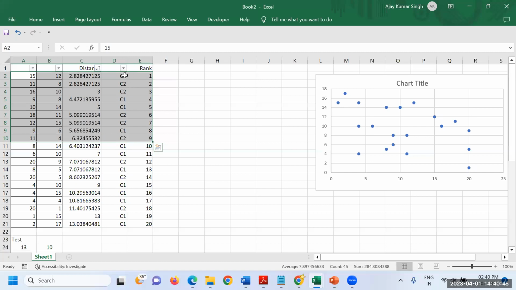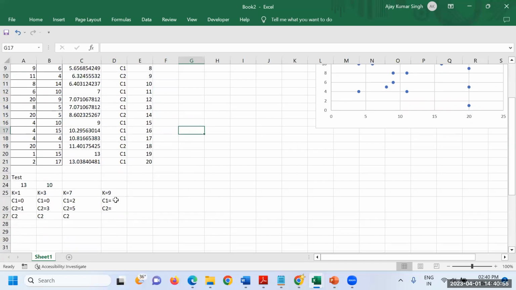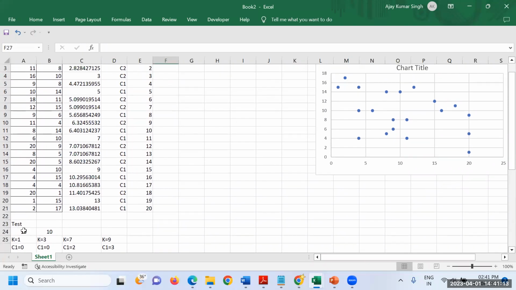Let's count: 1, 2, 3, 4, 5, 6. 6 C2, and out of 9, 3 are left for C1. So obviously, in this case also, C2 is the correct answer. So in this case, we are able to see that this point, that is 1310, is the nearest to that point.